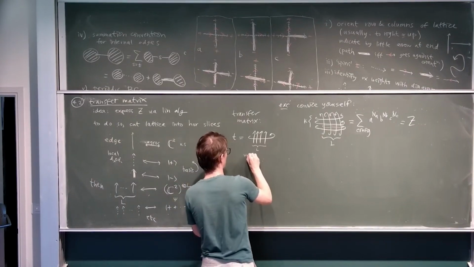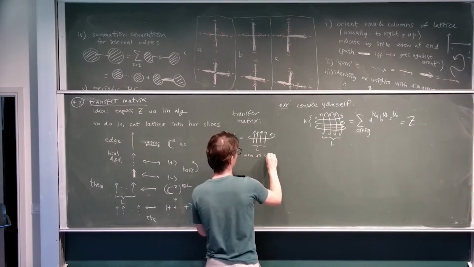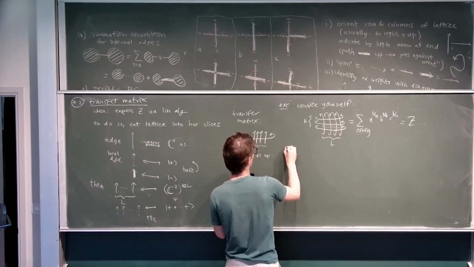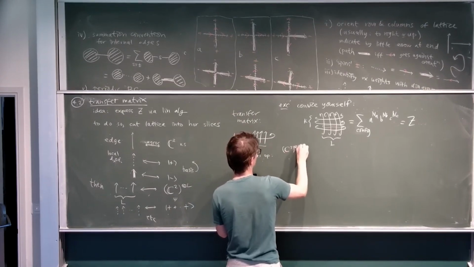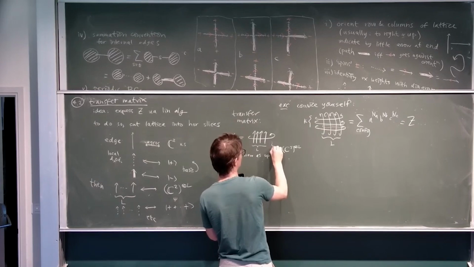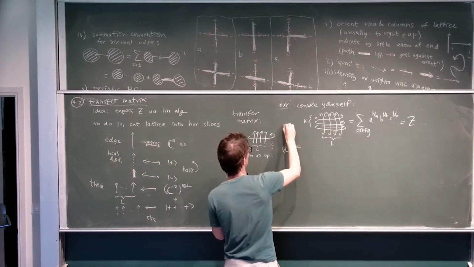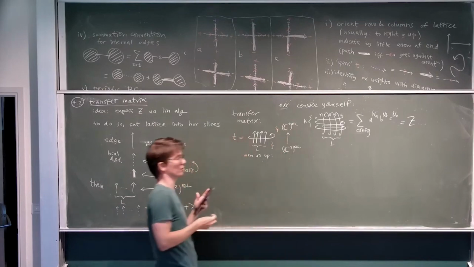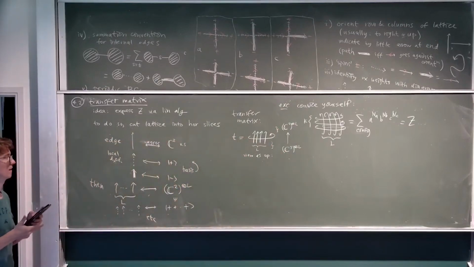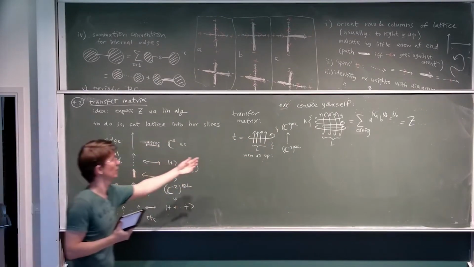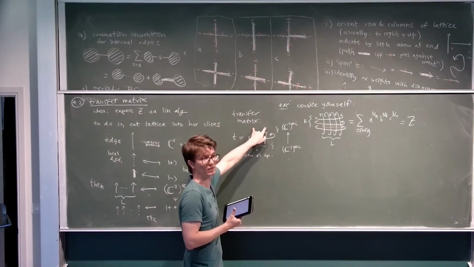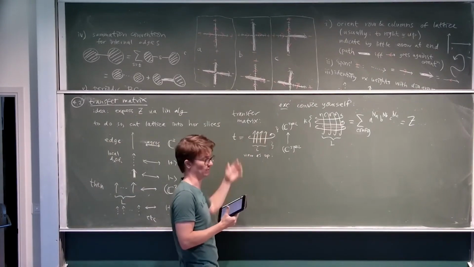We can view this as an operator or a matrix which goes from C2 to the L at the bottom, associated to all of these lines here, to C2 to the L associated to all the possible configurations at the top. So I can think of this as a matrix transferring a configuration here to some linear combination of configurations at the top. That's why it's called a transfer matrix.